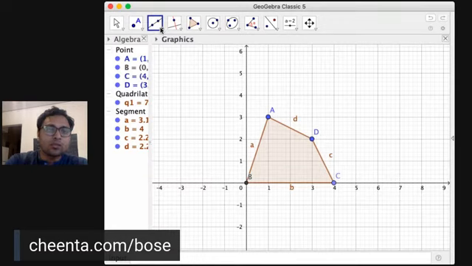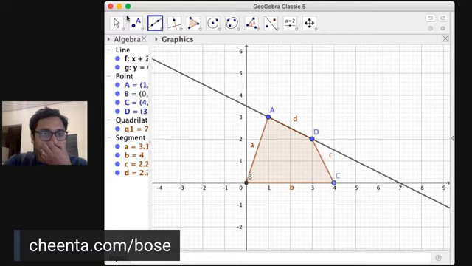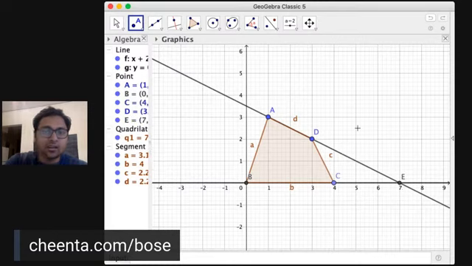So what do I want? I want this AD and this BC to meet at some point. That point is here. Let's call it E. Actually, I don't want these labels to show up, so just let the labels go.